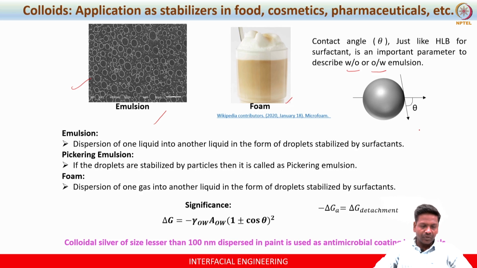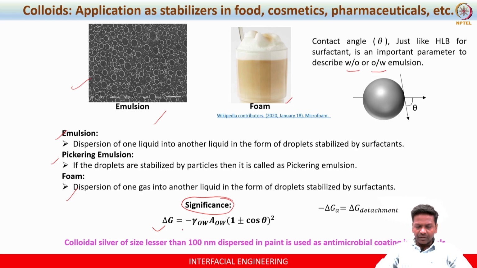Okay, so you know what is emulsion, Pickering emulsion, foam, and this equation, that gives the detachment energy equation. We have also discussed it during module number, I think, 2, right?